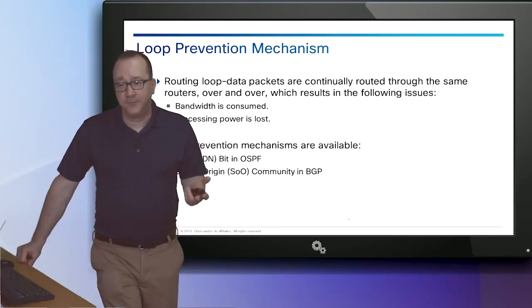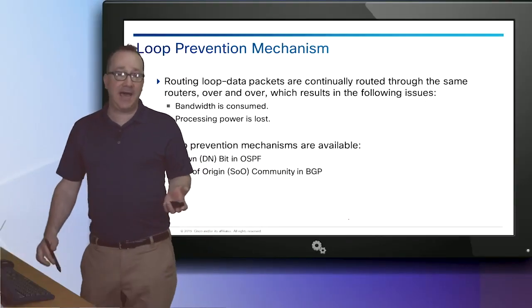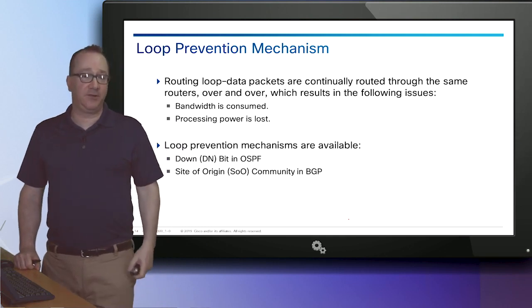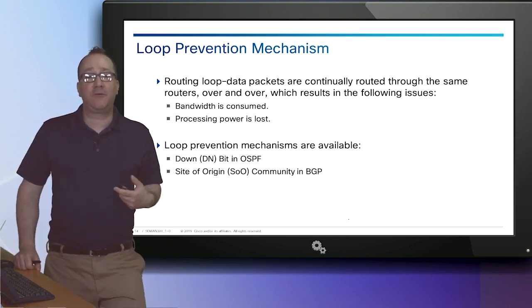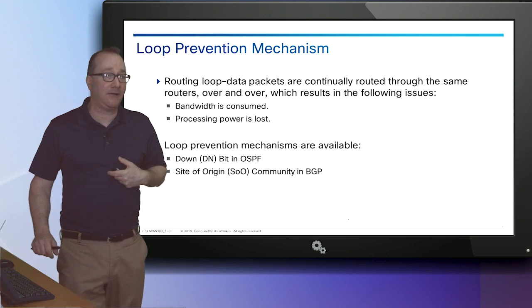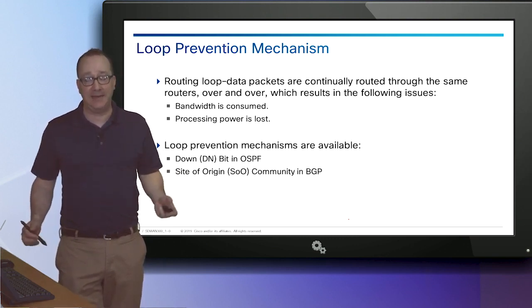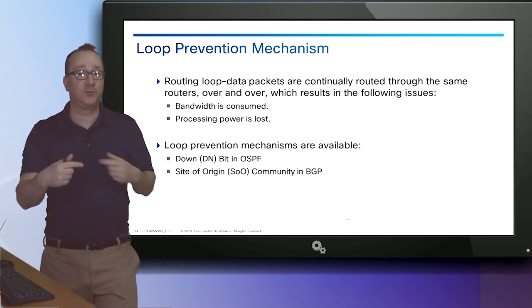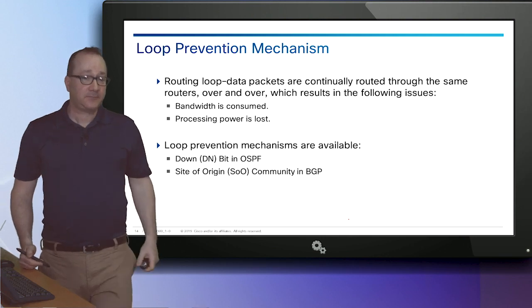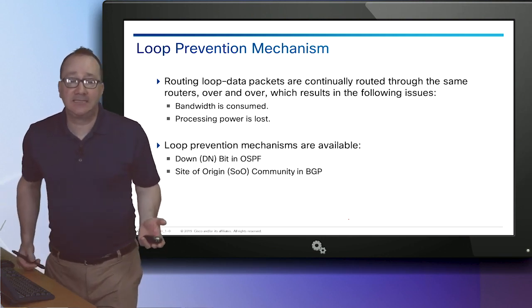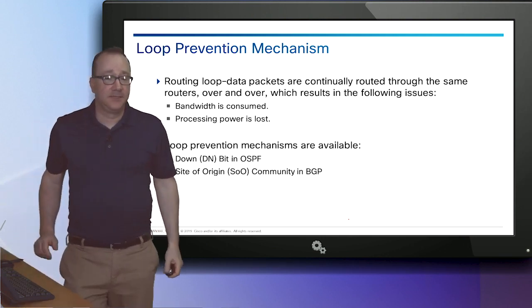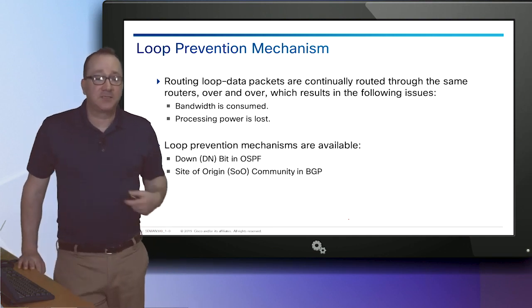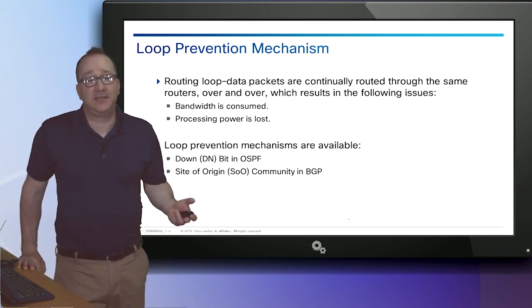Okay, so loops. Loops are bad. Generally, we fix them with a time to live value. But from a routing standpoint, loops in routing are really bad because we can advertise routes back and forth to each other forever. Generally, it's a serious network problem. The network's going to continue to route packets within the network in an endless circle.